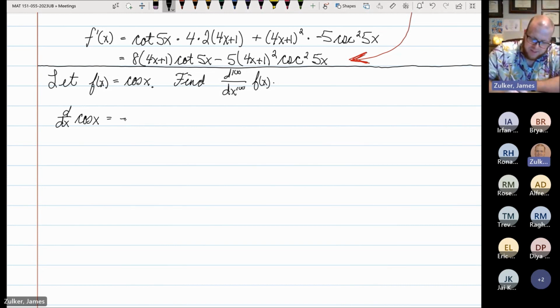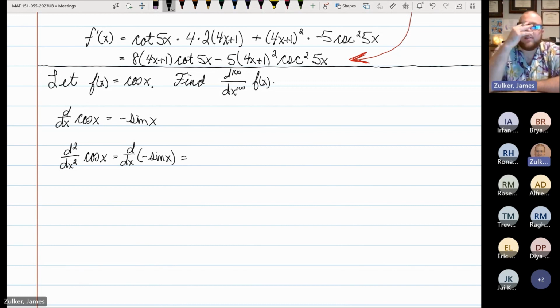Derivative of cosine, we know, is negative sine. Second derivative, right, would be the derivative of what we just found, so derivative of negative sine, which is negative cosine.